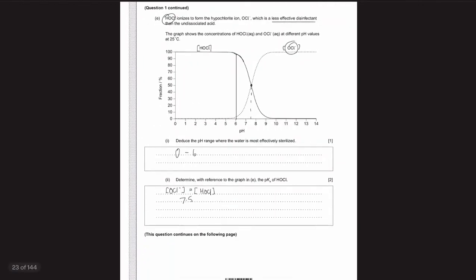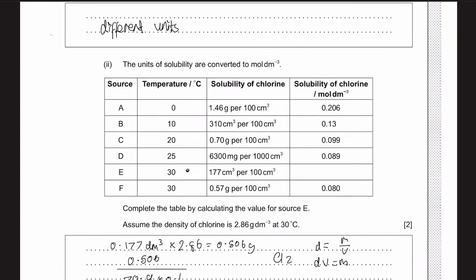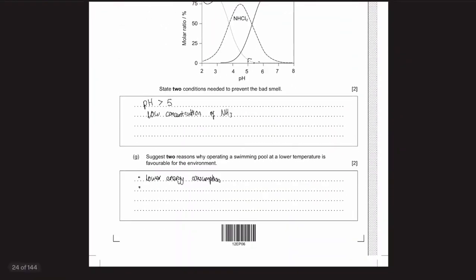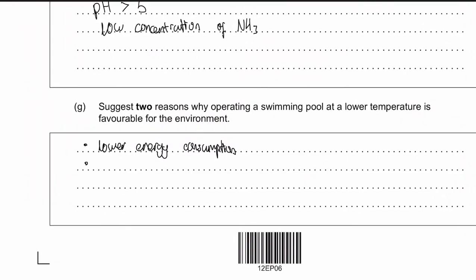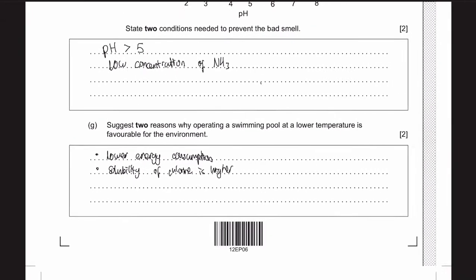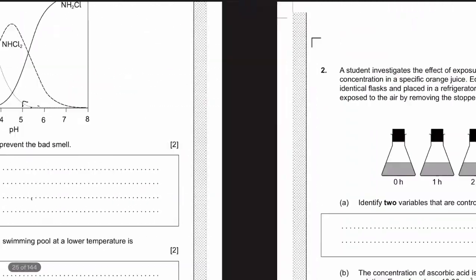I think in this previous one, it talked about how solubility of chlorine is decreasing at higher temperatures because the dissolution reaction is exothermic. So we can say that the solubility of chlorine is higher, and that's going to mean that we lose less chlorine, it's more efficient. Yeah, that's pretty good, 2 marks.